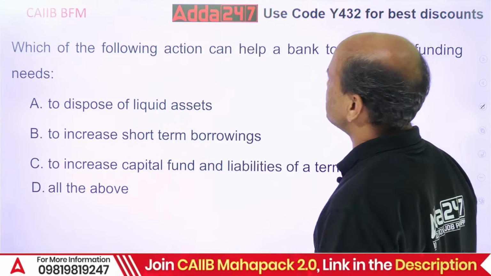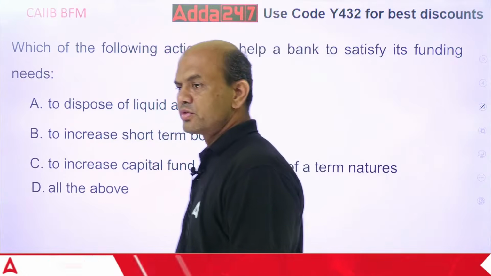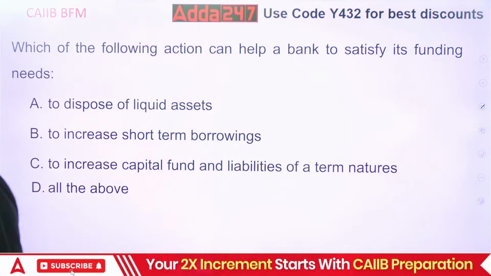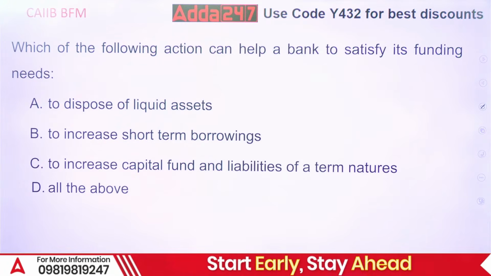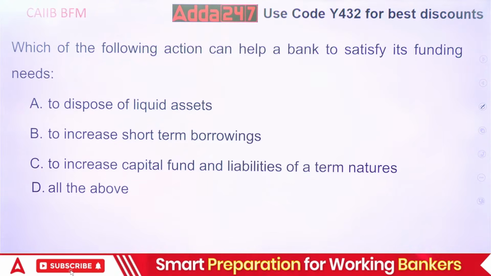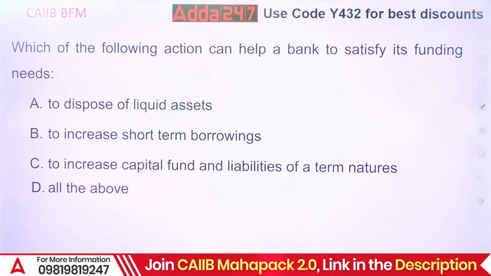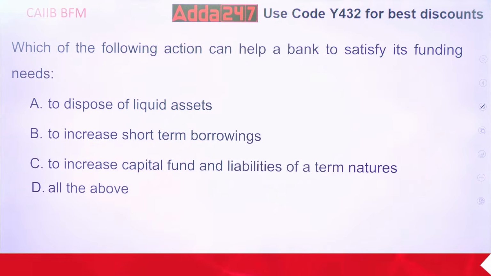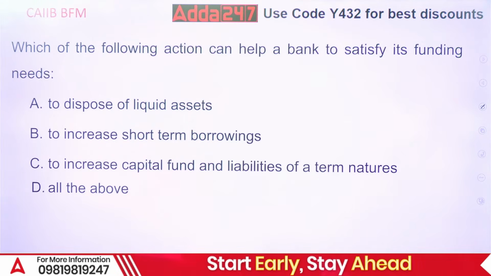Which of the following actions can help a bank to satisfy its funding needs? Let's do some theory now because many numericals have been done. To dispose of liquid assets, to increase short-term borrowings, to increase capital funds and liabilities of term nature.